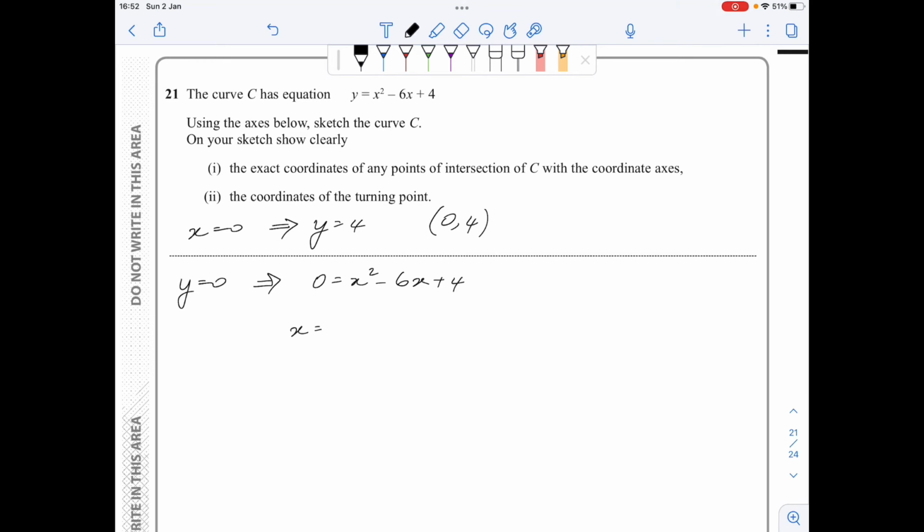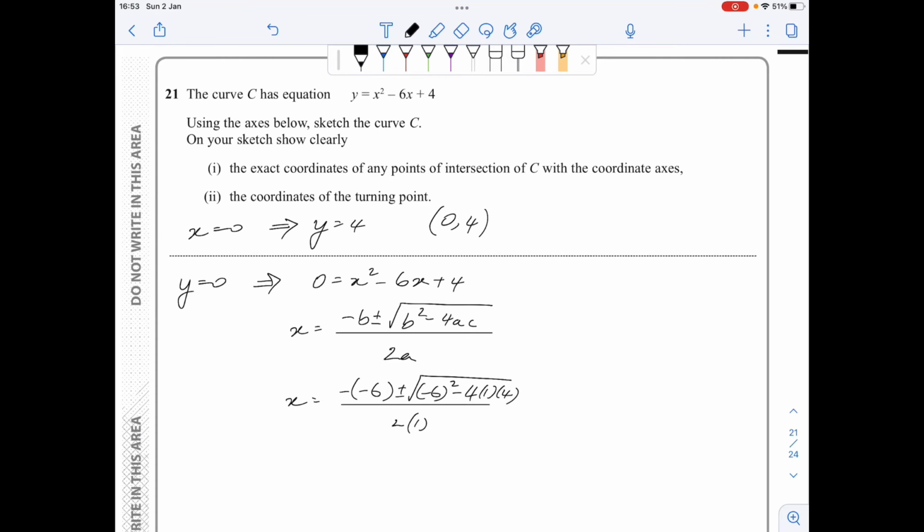So x is equal to minus b plus or minus the square root of b squared minus 4ac over 2a. Let's substitute the values. So x is equal to minus (minus 6) plus or minus the square root of (minus 6) squared minus 4 times 1 times 4, over 2 times 1.